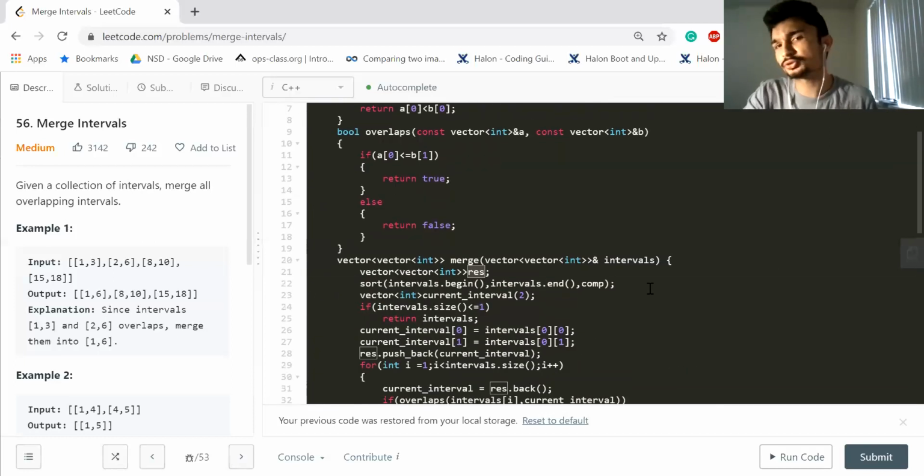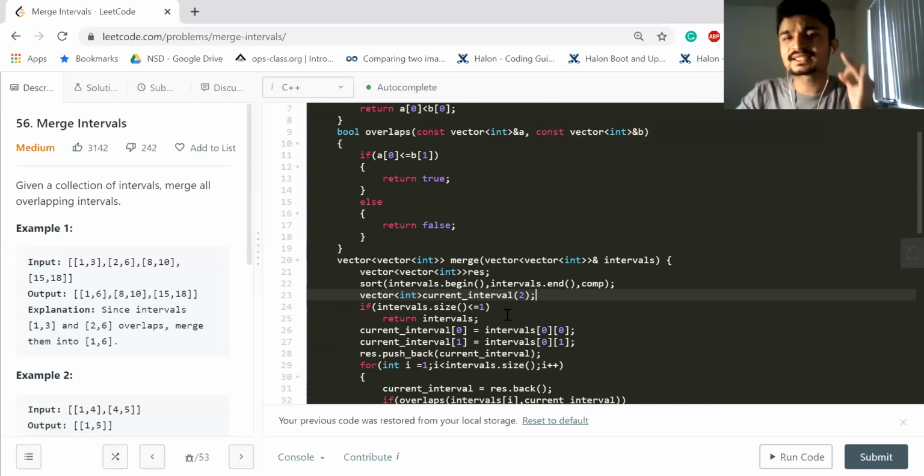Even now, in the code, it has to be the sorting first. So I sort it, and the comparator function makes sure that the sorting is by the start point of every interval. Then I initialize the current interval over here.